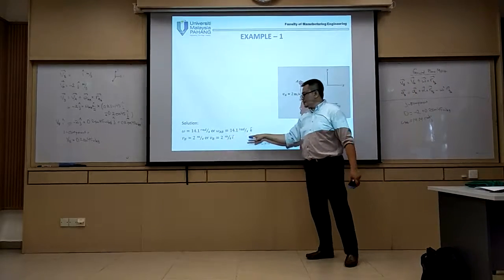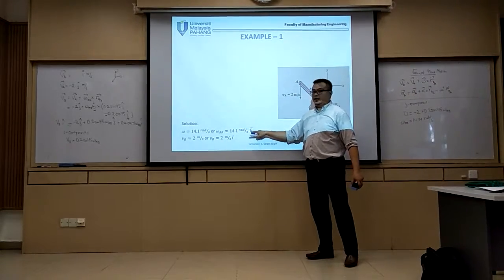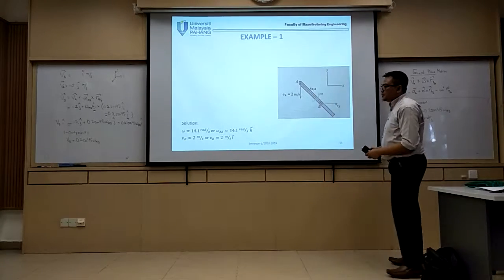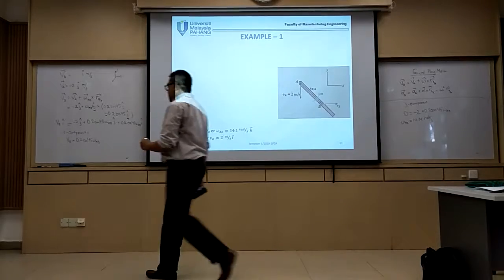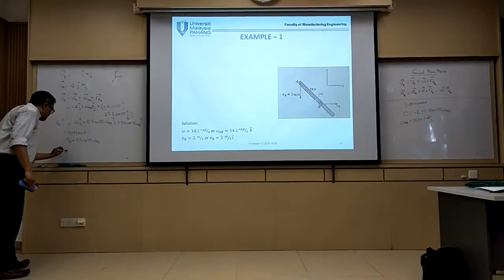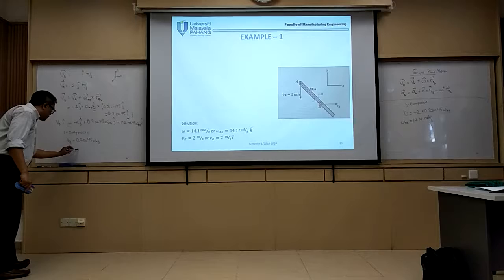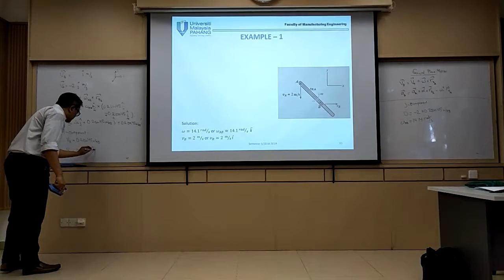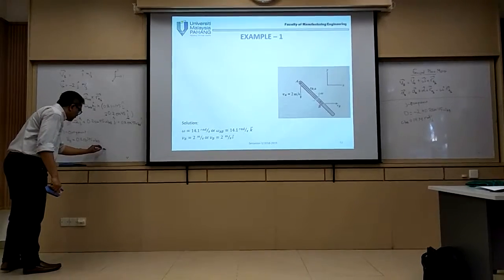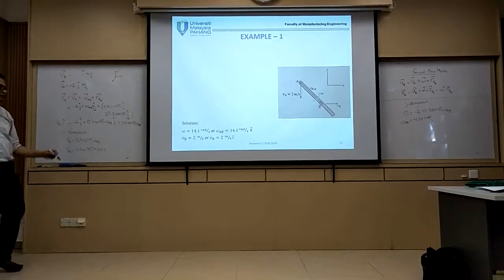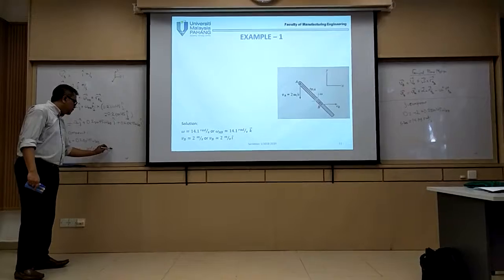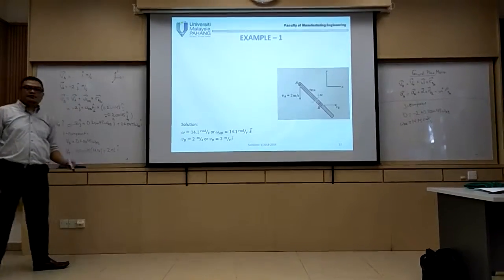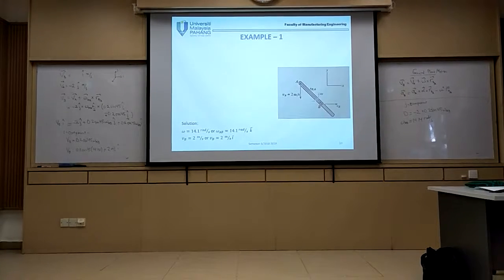The angular velocity is 14.1 K, because this is counterclockwise. How about VB? Then we can find VB. VB will be 0.2 cosine 45 times omega AB, so 2 meter per second in I.